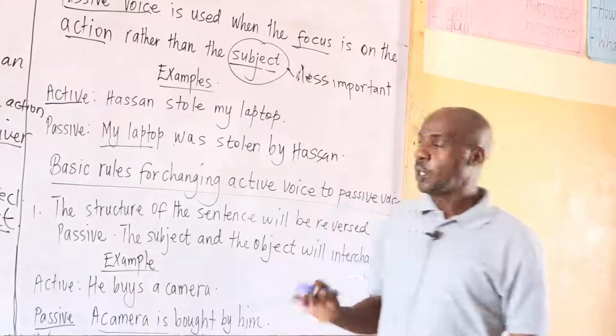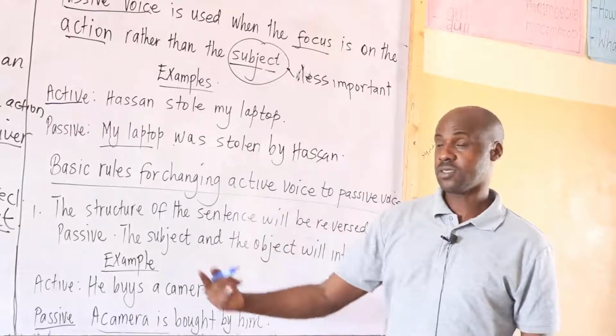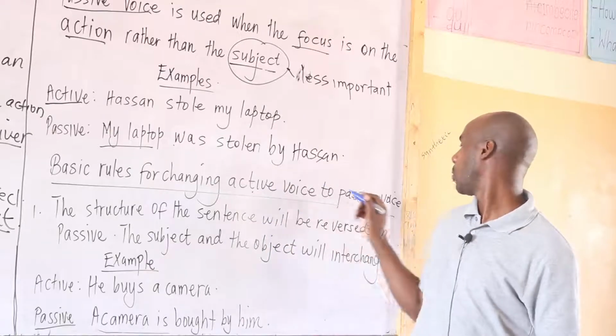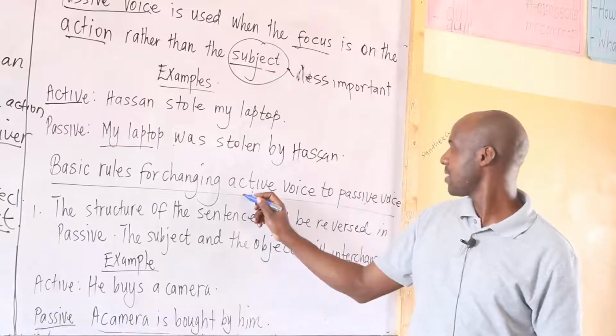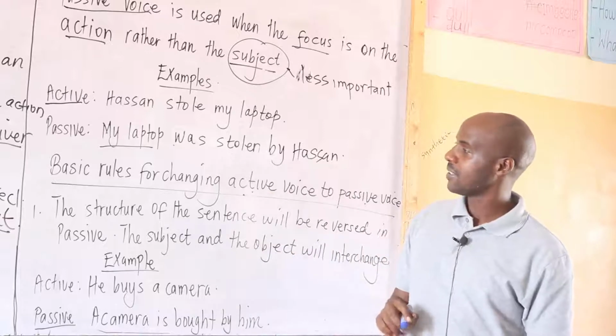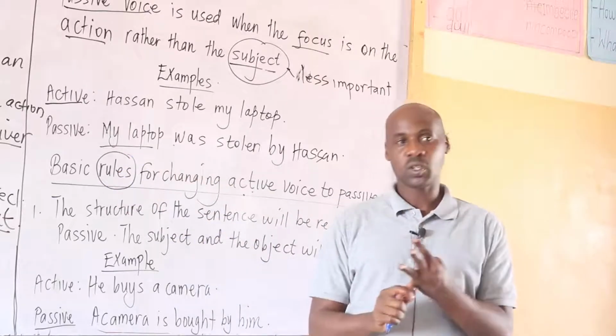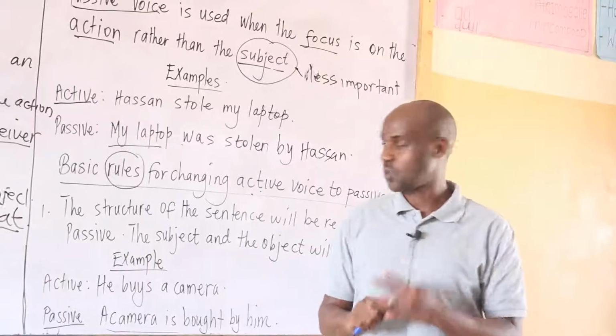Now, let's look at the rules that we can use when changing active sentences to passive sentences, from active voice to passive voice. You have to follow the rules, what you are supposed to do and what you are not supposed to do.